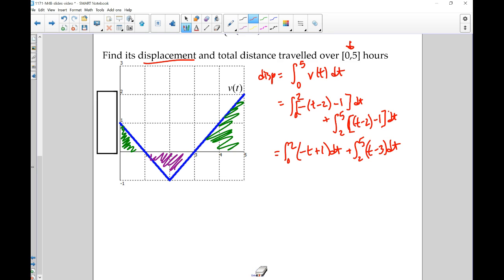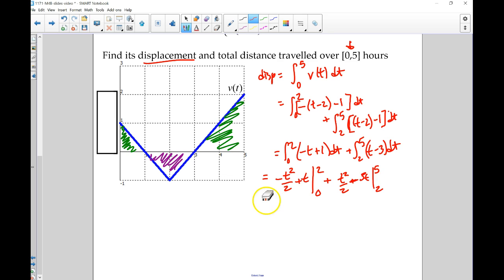Find the antiderivative of each of these and do the evaluation. So this is equal to minus t squared over 2 plus t, evaluated from 0 to 2, plus t squared over 2 minus 3t, evaluated from 2 to 5.